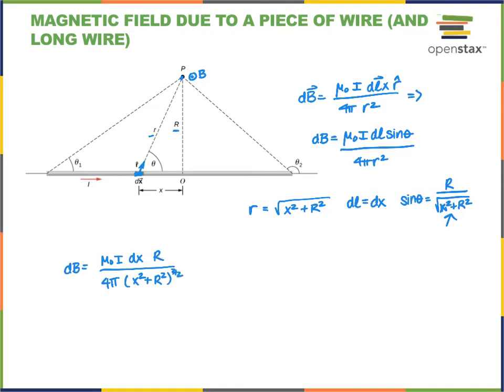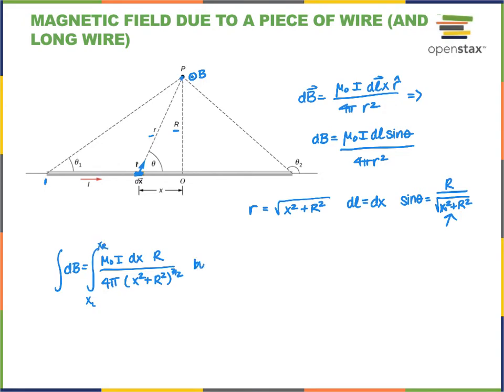Normally the way that we would find the total magnetic field would be to integrate this, and that would give me the magnetic field. My variable of integration in this problem would be x, going from the lower value of x over here to the x value on the right.